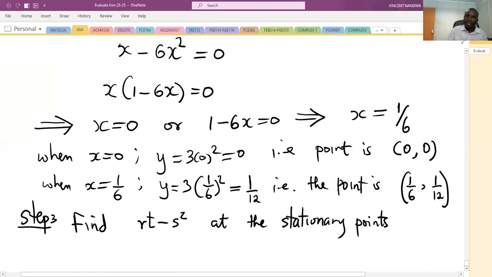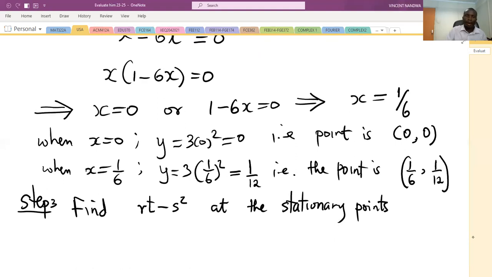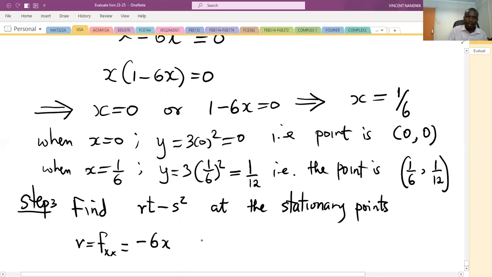Remember from our calculation, our R, which is fxx, is the function minus 6x. And then our S, which is fxy, is given by 1. And our T, which is fyy, is given by minus 2.